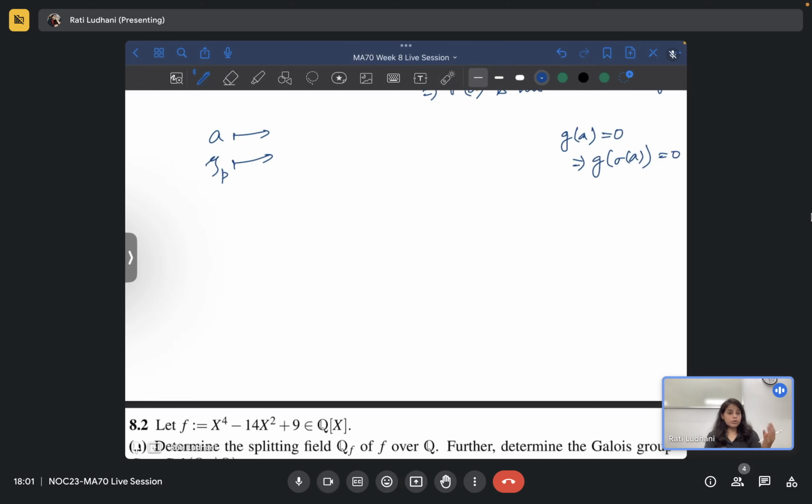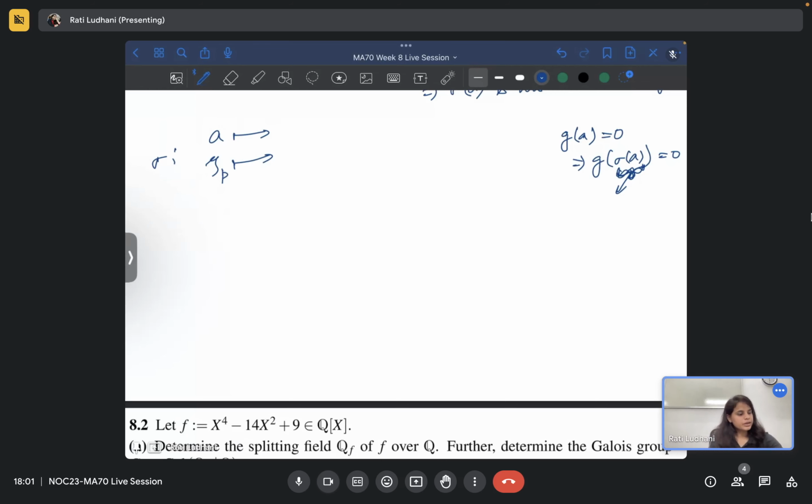We don't have all the choices. Let me explain it like that. We need to find what are all the options for sigma a. That is our task, right? Because we need to find sigma, which we have seen can be obtained from a and zeta p.